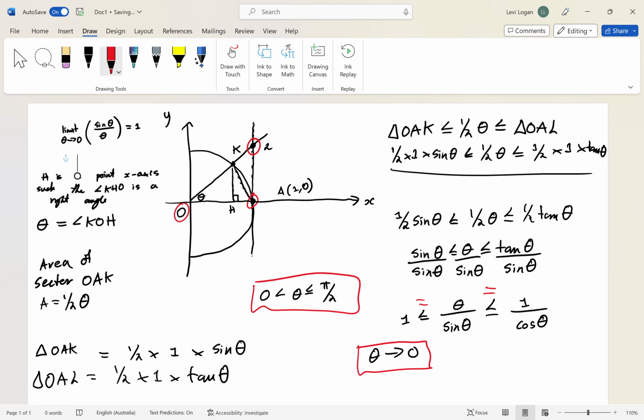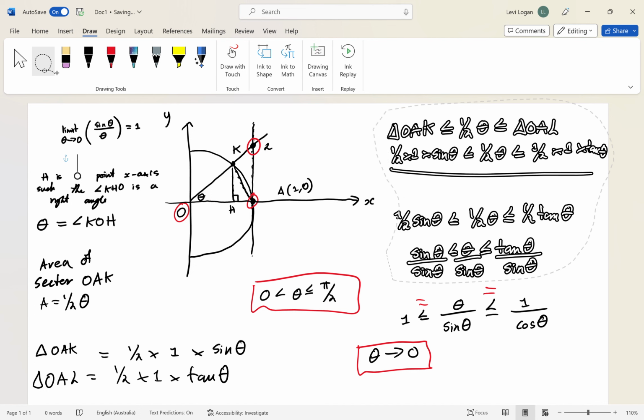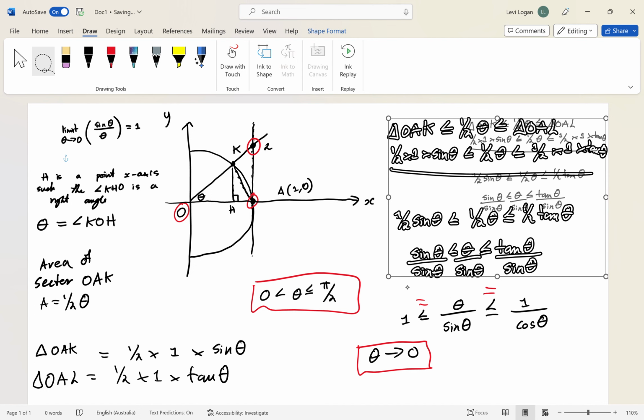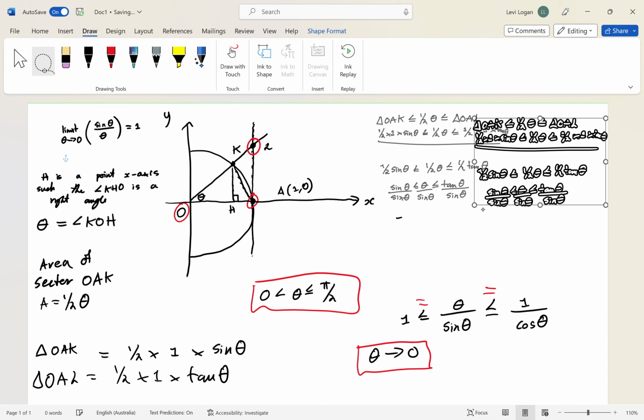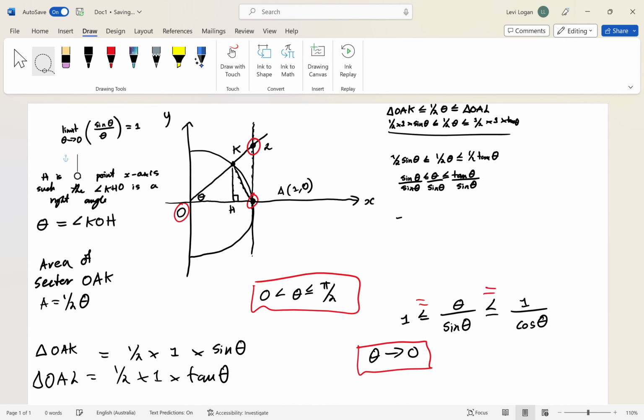I've run out of room actually, so I'm going to make all of this tiny so I can write up here. Okay, so we have 1 over theta over sine theta, 1 over cos theta. I'm going to rub that out.